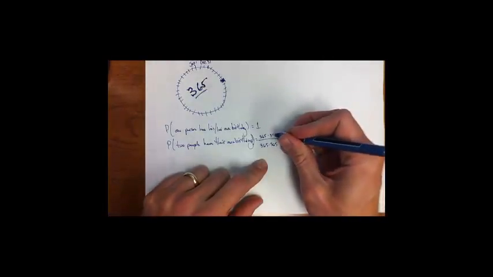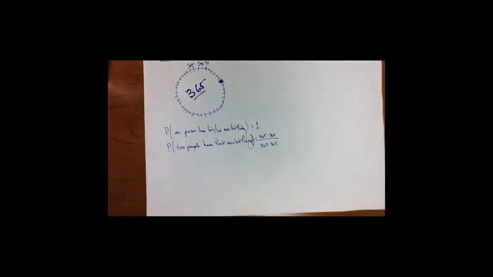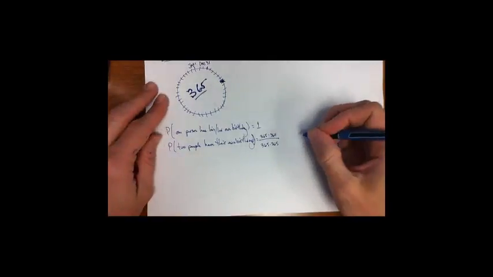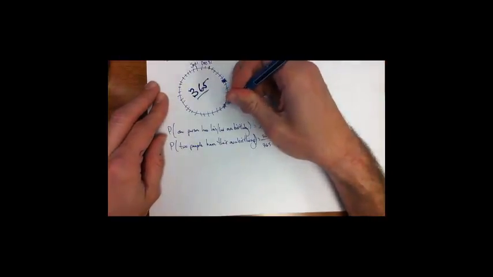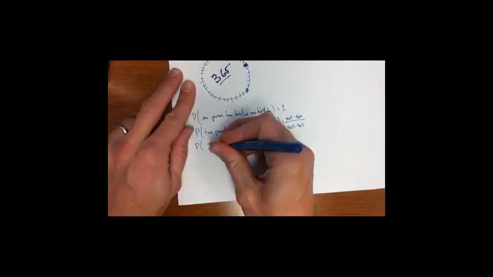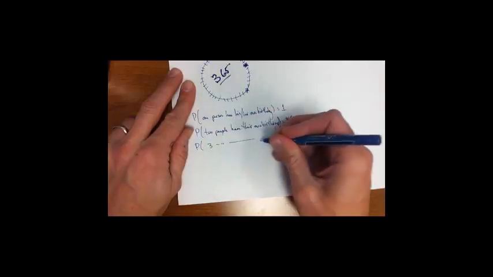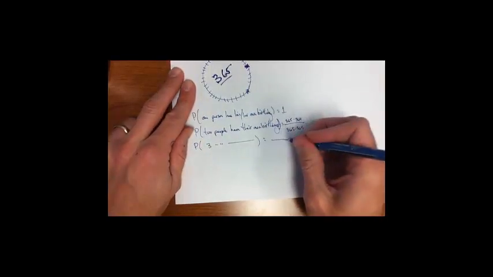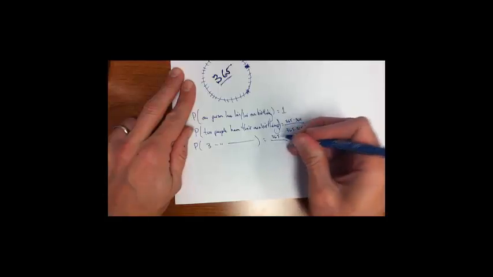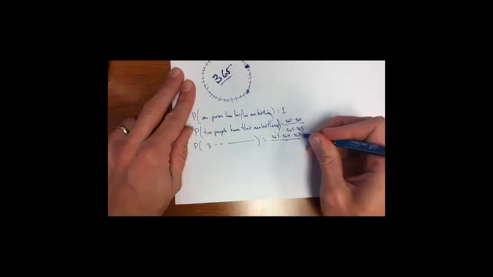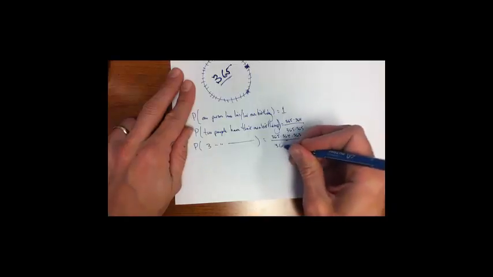The second one then, 364 ways to assign that person a birthday once I've assigned the first person. But now what's the chance that three people have their own birthdays? Well, 365 times 364 times 363 all over 365 to the third, right?